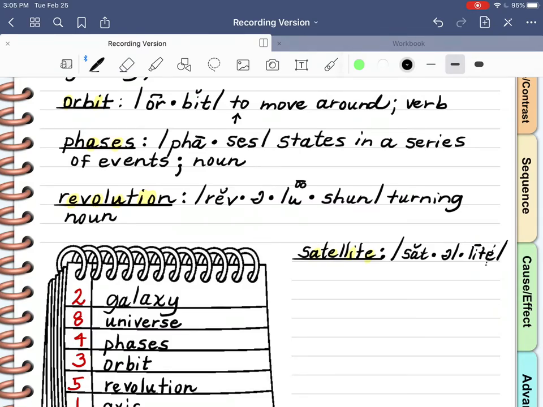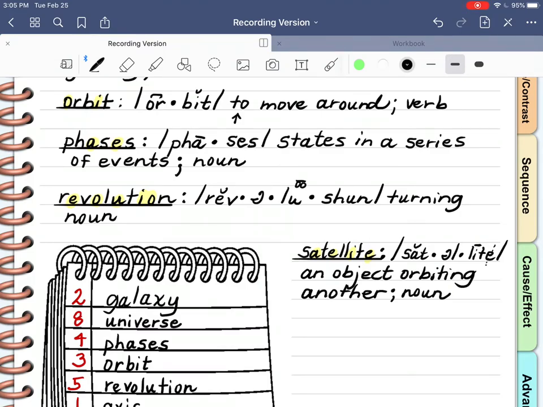And a satellite is an object orbiting another. And it starts with an, so this is a noun, it's a thing.